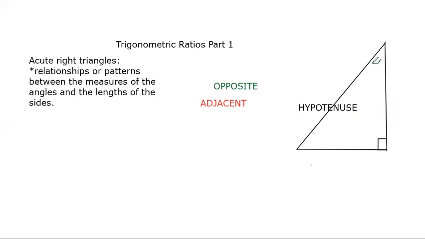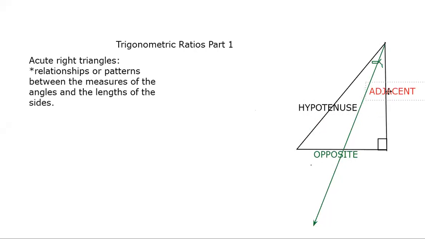Now, if we're talking about the angle alpha, and we want to label the opposite and adjacent side in relation to alpha, to find opposite, you start at the vertex of alpha and go straight out across the middle of that triangle, and the one that you cross is the opposite side. So there's our opposite when we're referring to that angle alpha. And the adjacent side is the one next to that angle but not the hypotenuse.